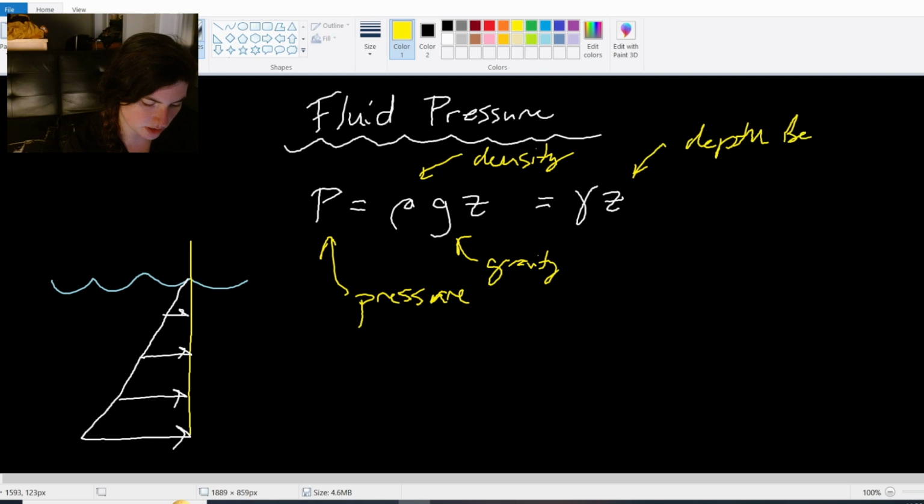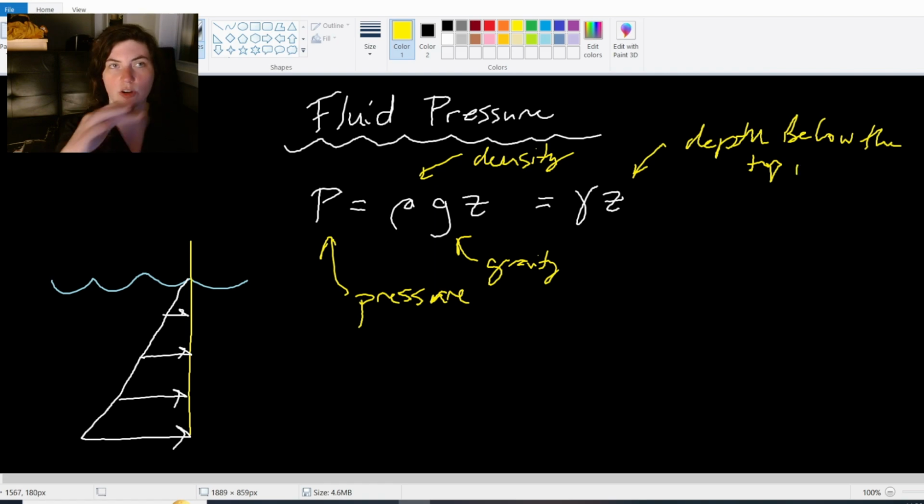Depth specifically is depth below the top of the fluid. So the top of the fluid is our datum, our zero point, and then our Z is measured below the top of the fluid.